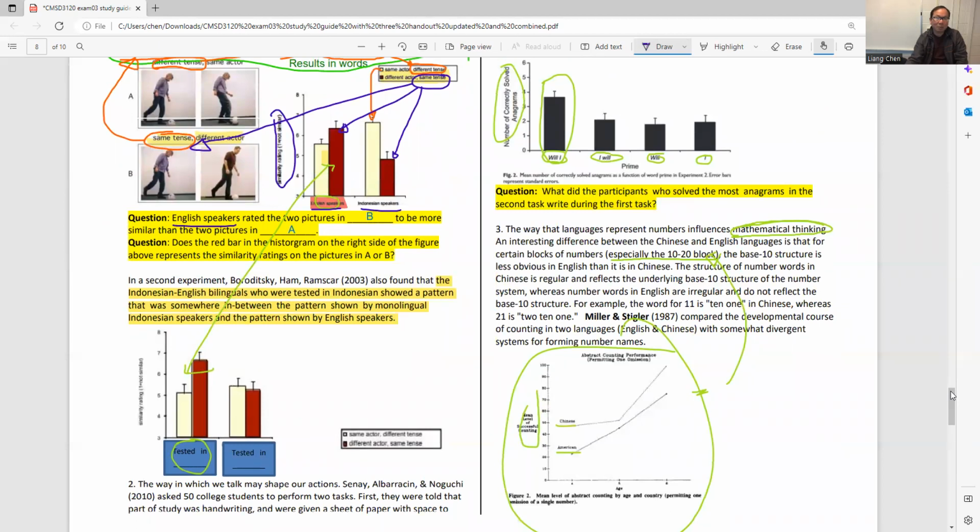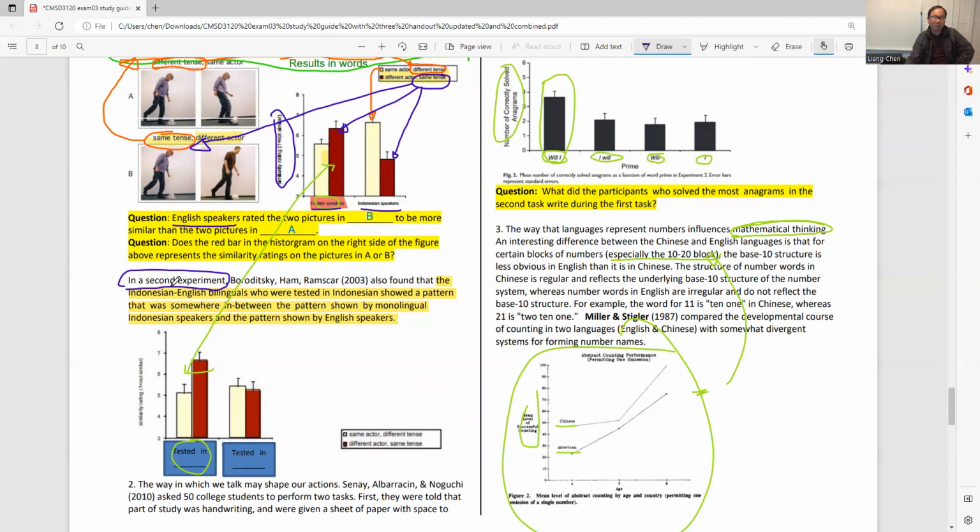Now, this is from one of the experimental studies. In the second experiment, they also administered the same test to Indonesian-English bilinguals. They tested some of the bilinguals in English and then tested the other bilinguals in Indonesian. They found that the group of bilinguals tested in English had a very similar pattern to the English speakers.